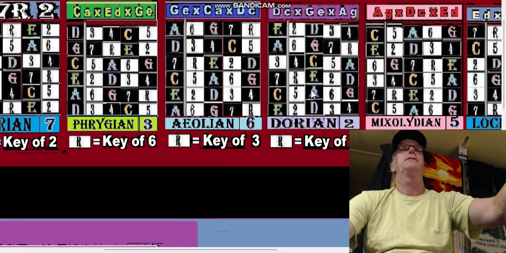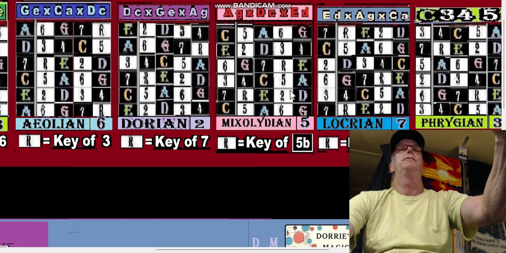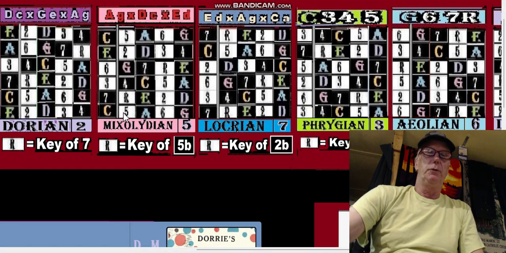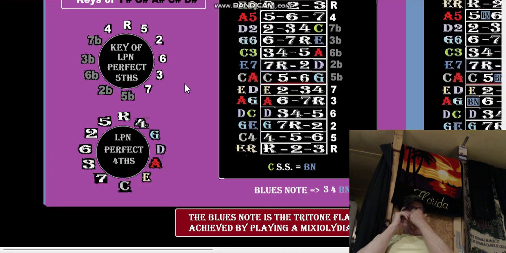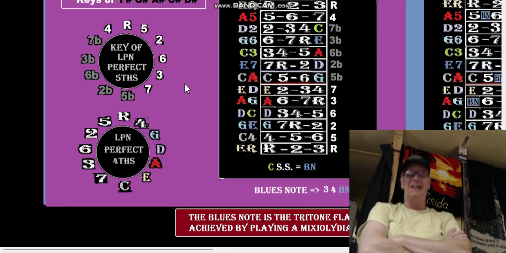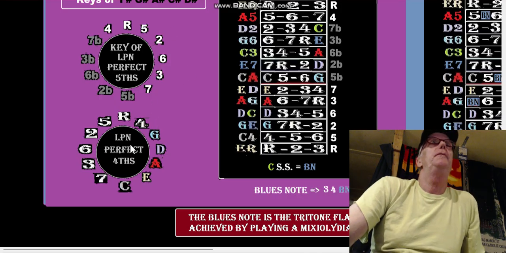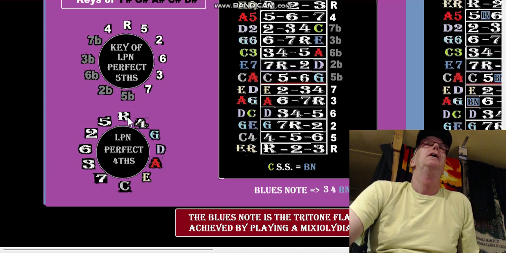6 flat takes us to the 2 flat. 2 flat takes us to the 5 flat. So again, we go up in perfect fourths. So let's look at this. The lowest playable note goes around in perfect fourths.